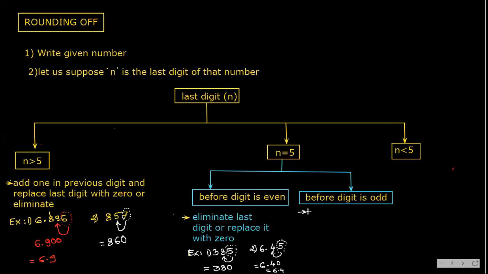Now, see here. Before digit is odd. Before digit is odd, what to do?